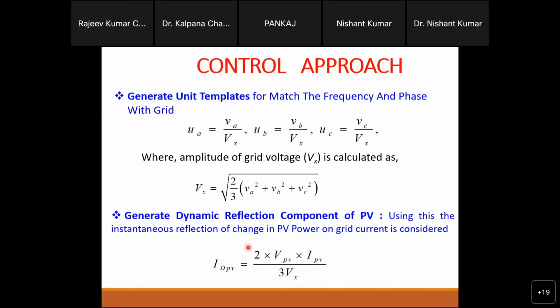This way, we can say this is the AC component of the PV DC, right? In some literature you will see this called the feed forward term, and sometimes the dynamic reflection component. But actually this is the AC component of the DC PV power, right?